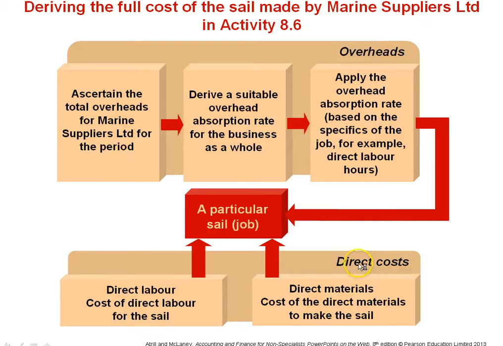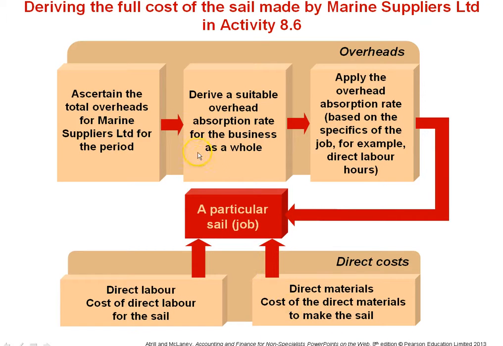Direct costs, and this is the cost of a sale made by marine suppliers. So we've got direct labour and direct materials. Labour is the labour used in making the sail. Materials, obviously the canvas or whatever they use. So direct costs are straightforward.